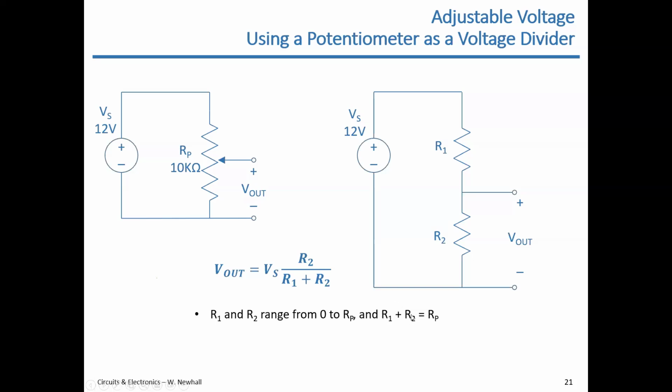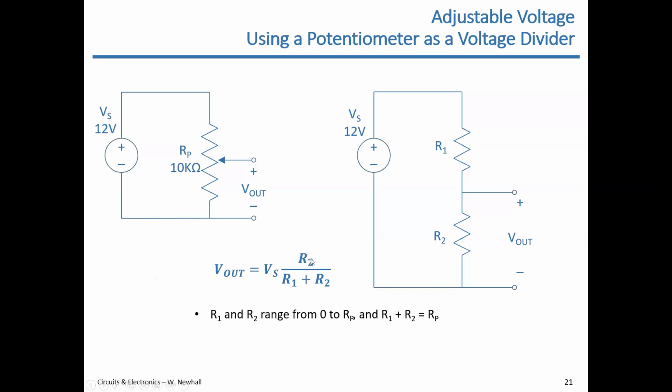And R1 plus R2 must equal RP. So the denominator of this fraction is just RP. That's always 10K ohms. No matter where you turn the knob of this potentiometer, the denominator is a constant, 10K ohms.